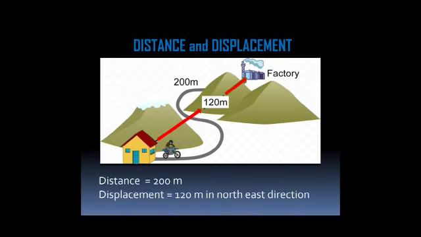Here, the distance which has to be travelled by road is called the distance travelled. And the shortest distance between the 2 points is called displacement. Displacement comes along with the direction. So we get displacement is equal to 120 meters in the northeast direction.